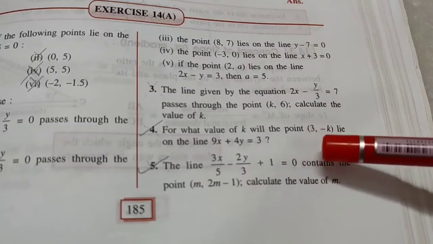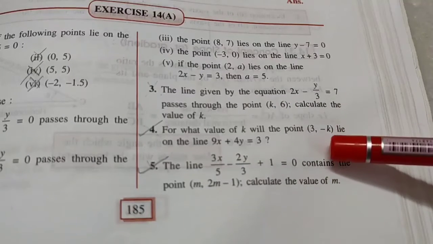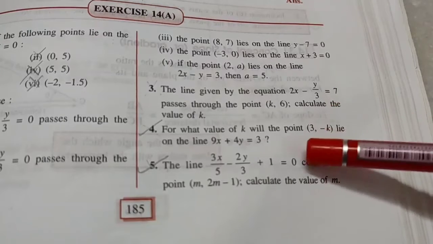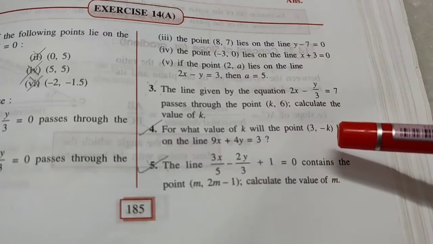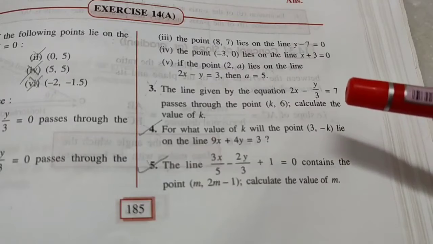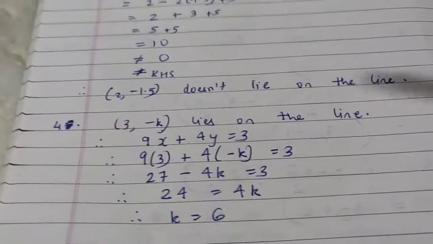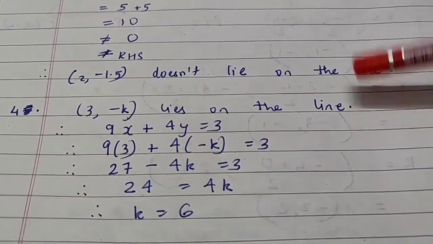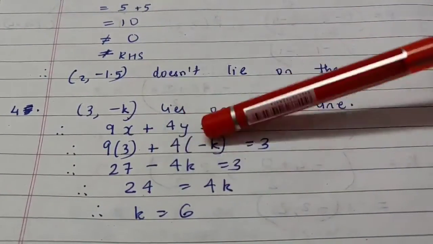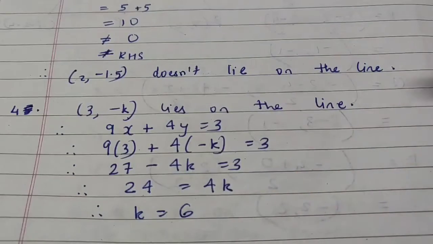So here there is no LHS RHS because they've already mentioned that this point should lie on the line. We don't have to prove that it lies on the line. So understand the difference in the two sums we just studied. Here it lies on the line, so it satisfies the equation. Start with the equation, substitute, solve and get the value of k.